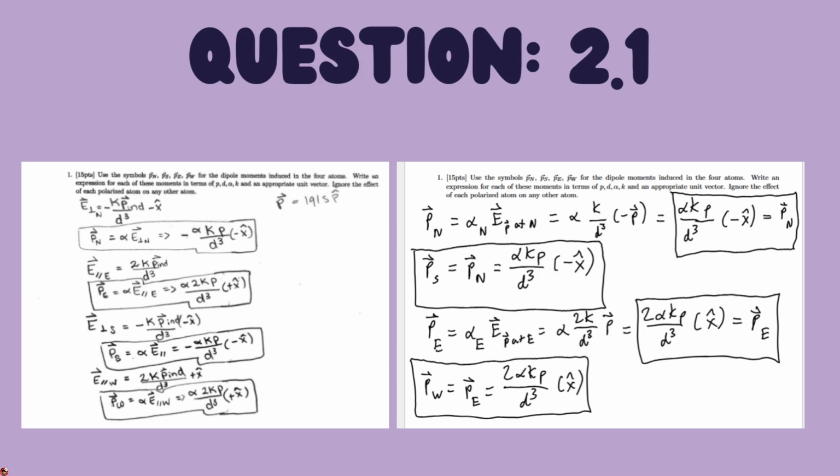So for this question, I missed 1 point due to a sign error. As you can see, in my Pn and my Ps, since those two are the same, I accidentally added a negative sign on top of the fact that x was in the negative direction, so that made that positive, which is wrong. But everything else is correct.